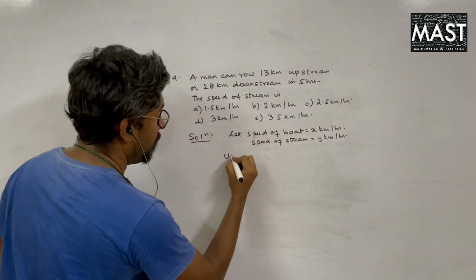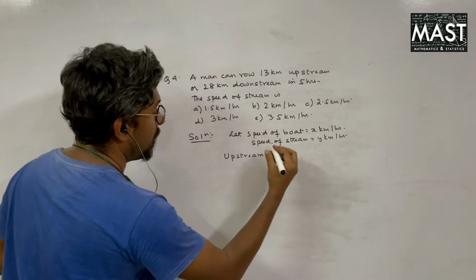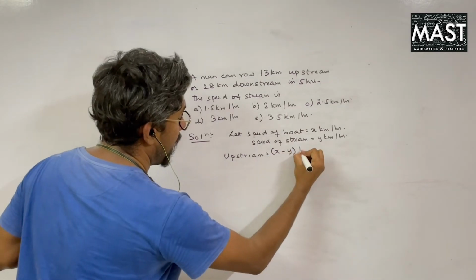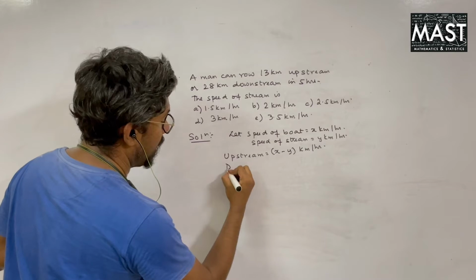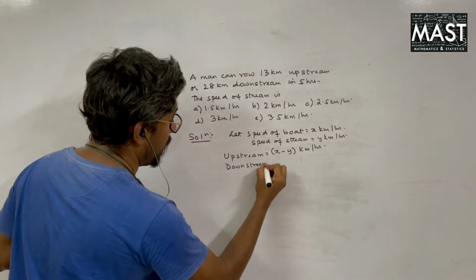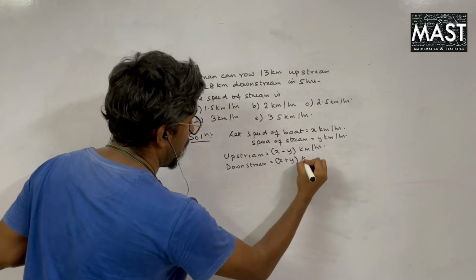Whenever a boat is moving upstream, since it is moving against the current, the speed will become x minus y kilometer per hour. And while downstream, since it is going with the current, the speed will be x plus y kilometer per hour.